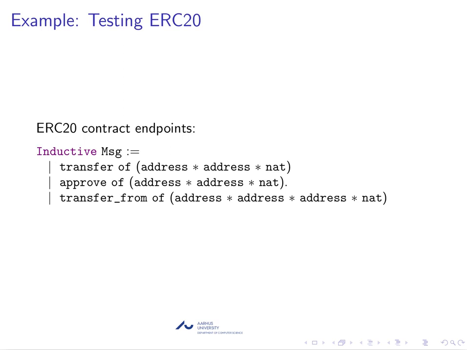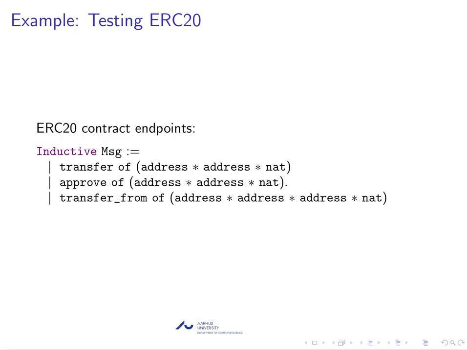Here we show an example of how to test safety properties on the reference implementation of the ERC20 token contract in ConCert. ERC20 tokens are the backbone of many smart contracts, and the specification states that they must have at least 3 endpoints: transfer, approve, and transfer from.